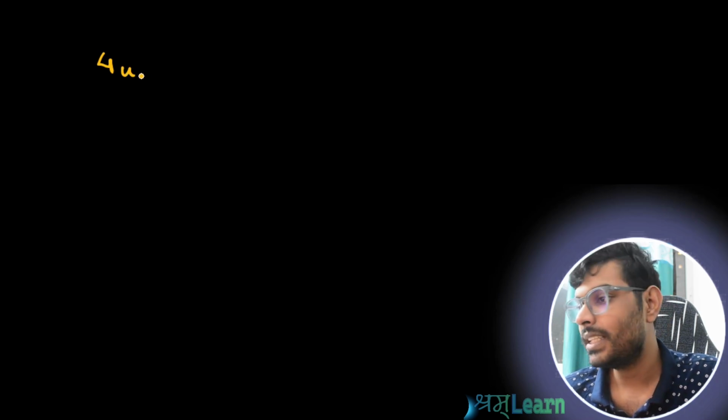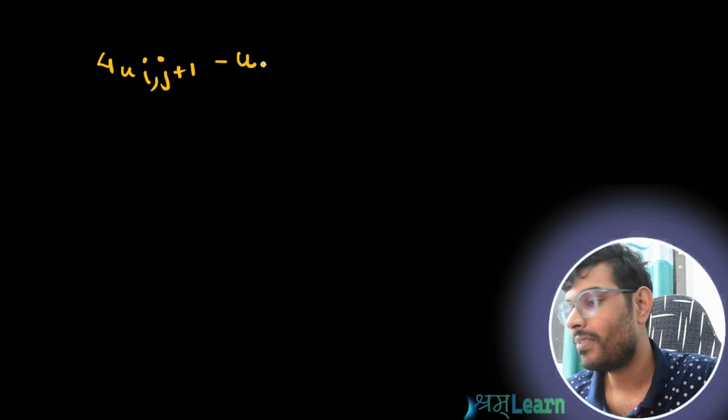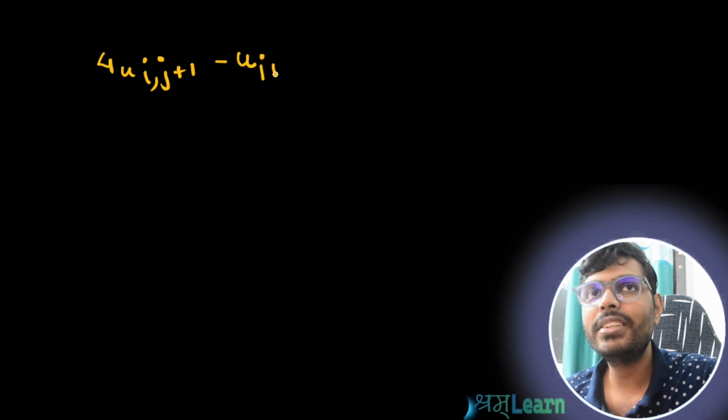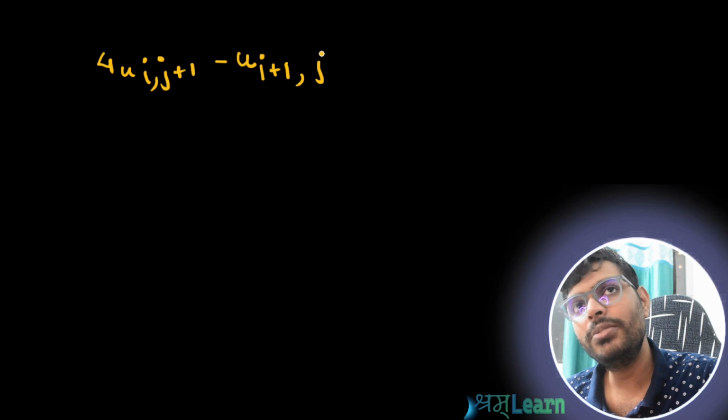So you can compute this instead. 4 times u of i j plus 1, and this is a bit difficult to understand at first, but अगर मैं पूरा समझा दूँ तो you will understand what the difference equation says here.